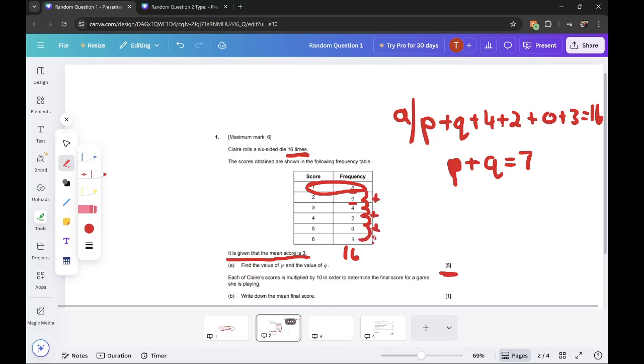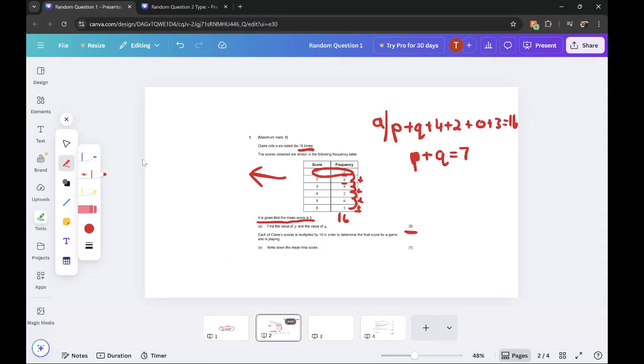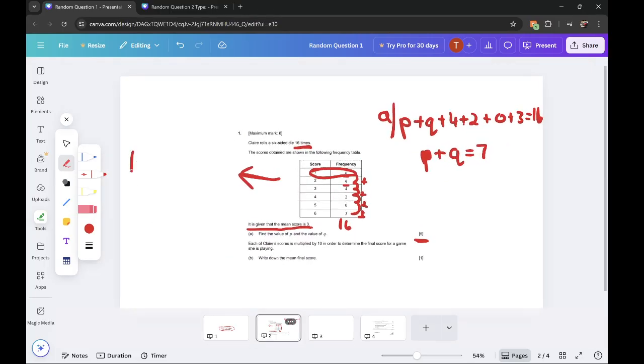So 1 times P, 1P, 2 times Q, 2Q, 3 times 4, 12, plus 4 times 2, 8, plus 5 times 0, 0, plus 6 times 3, 18, over our total frequency, which is 16. This is how you calculate our mean, and we equate it to 3 because that is the mean score they've given.